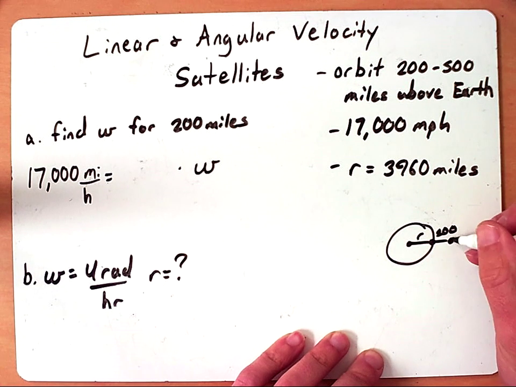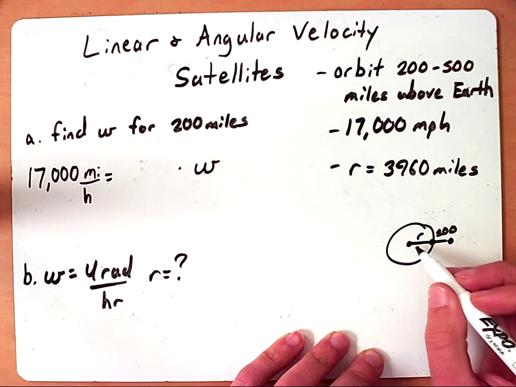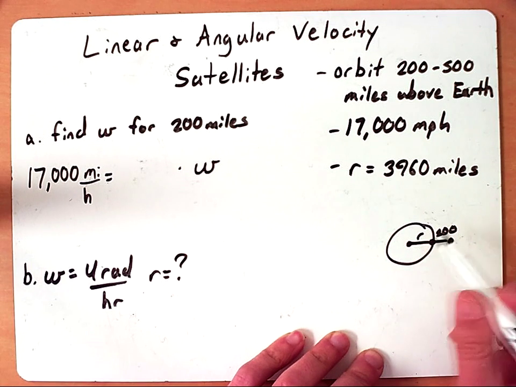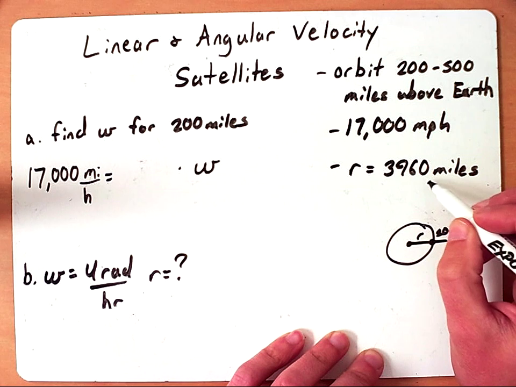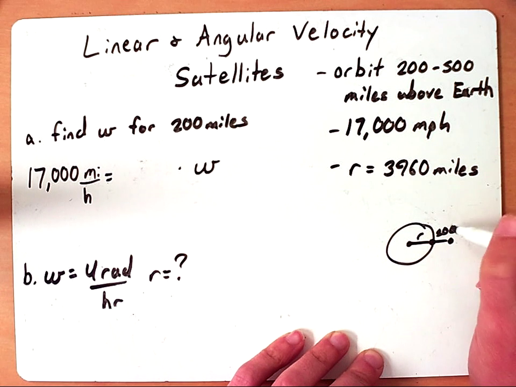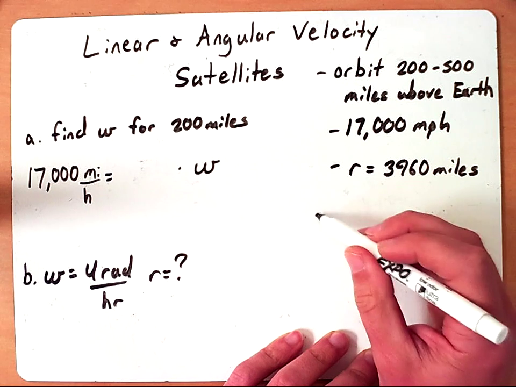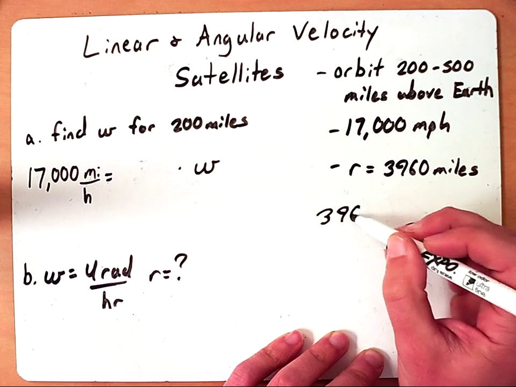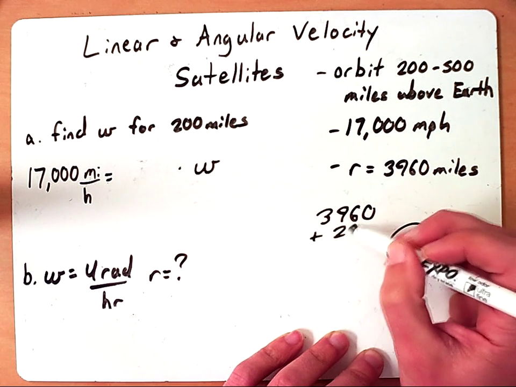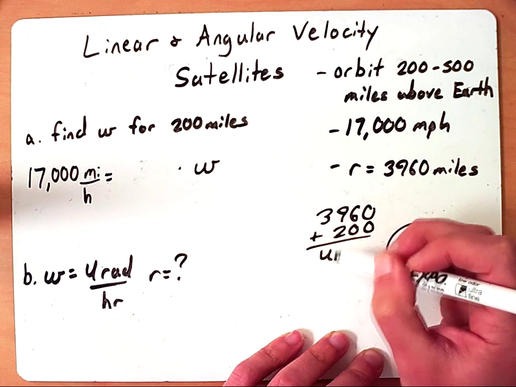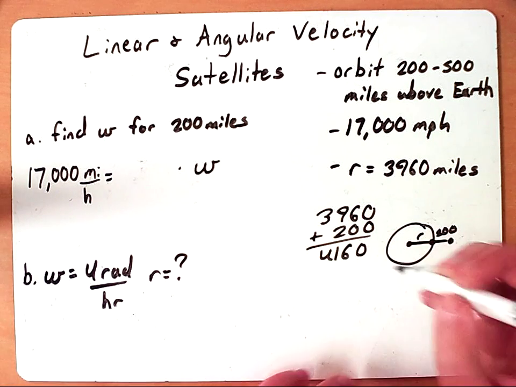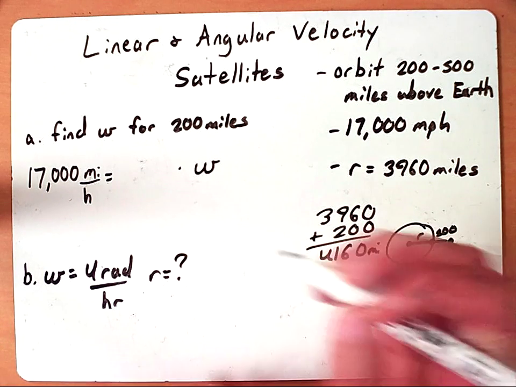Now the satellite isn't orbiting around this point, it's orbiting around the center of the Earth. So we're going to have to take our 3,960 and add 200 to that to get the radius of our satellite. So if we take 3,960 miles and add 200 to this, we'll get 4,160 miles is the radius for this satellite.